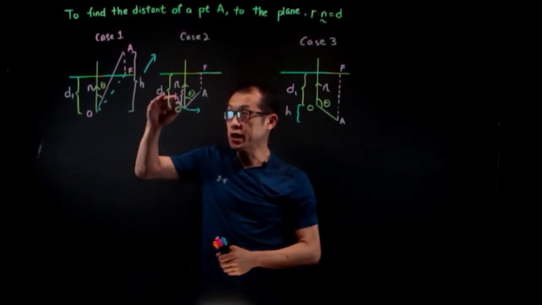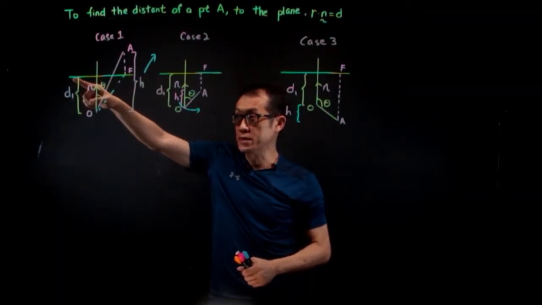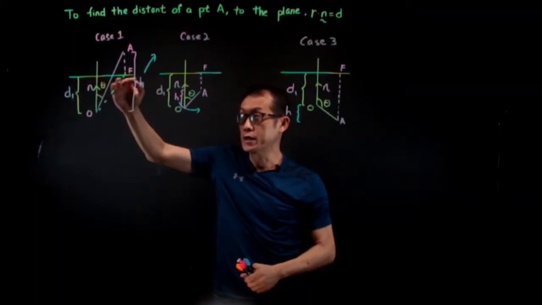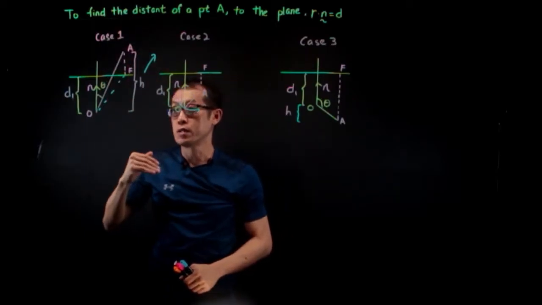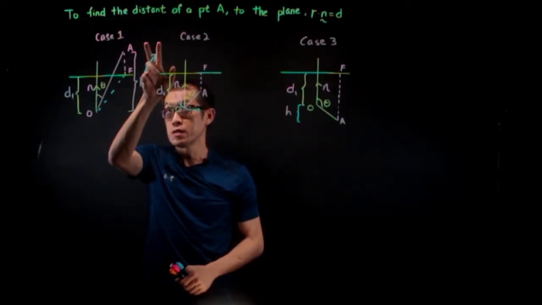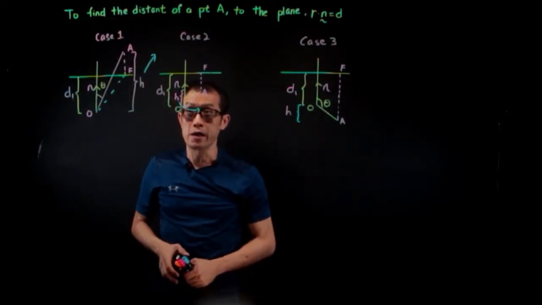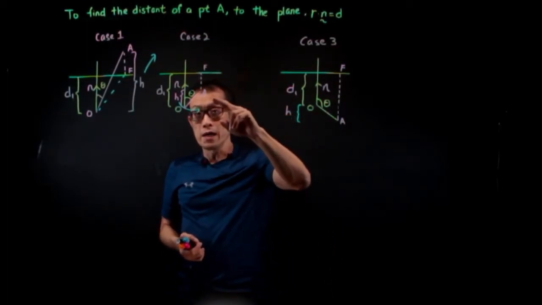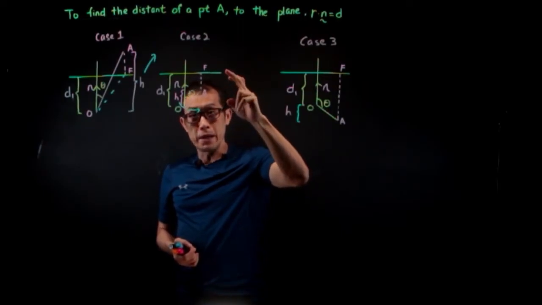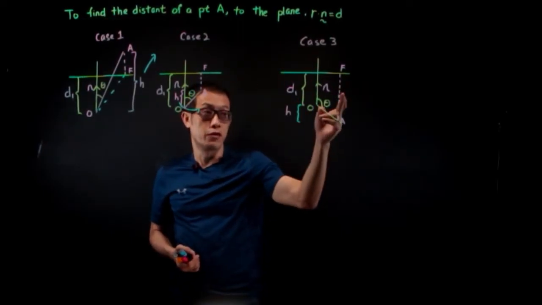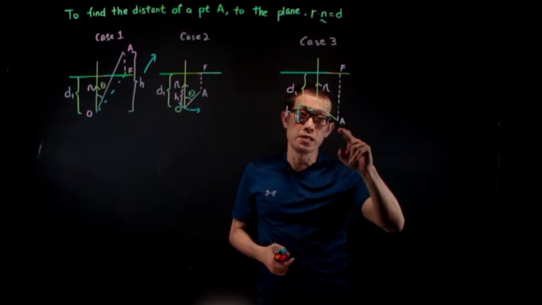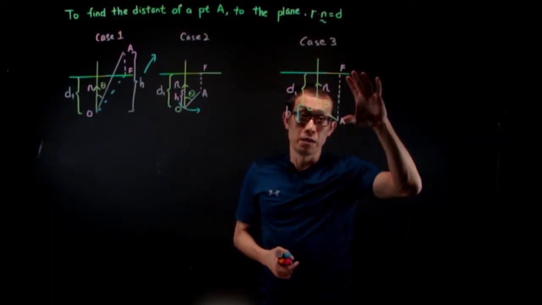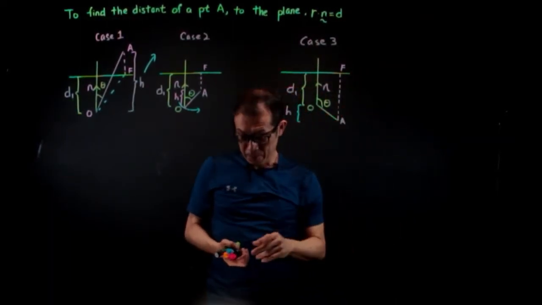Case 1, the plane, represented by the green line, is in between the origin and the point A. For case 2, the point A is in between the plane and the origin. For case 3, the origin is in between the plane and the point A.